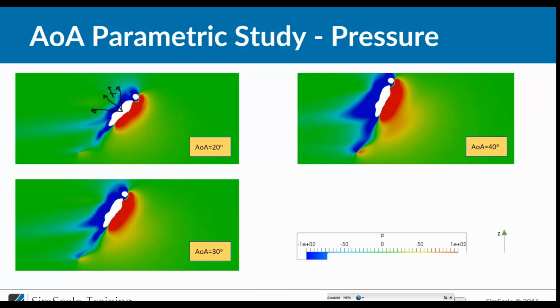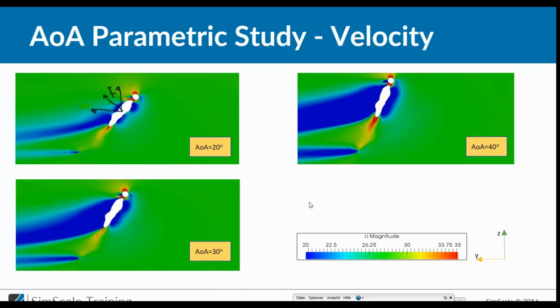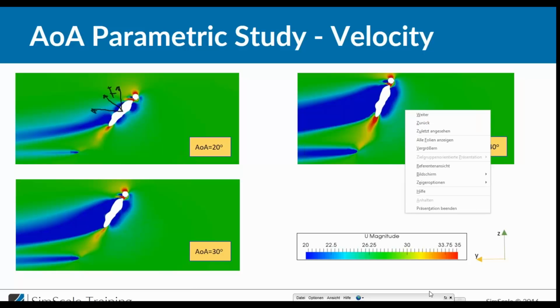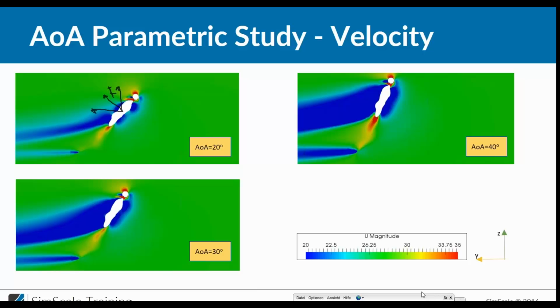Absolutely. And if we go a slice further, we can also see the velocity distribution, which is not very special. The only thing you can see is how this dead water zone is increasing, right?